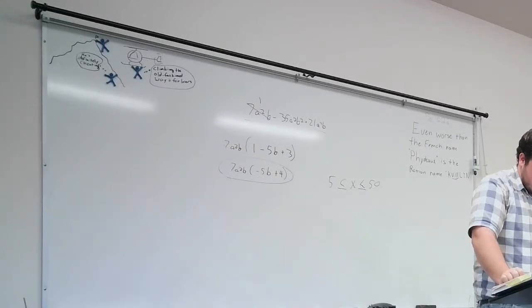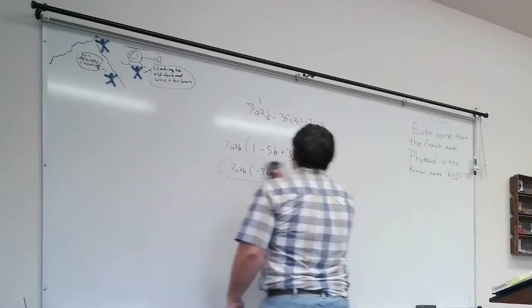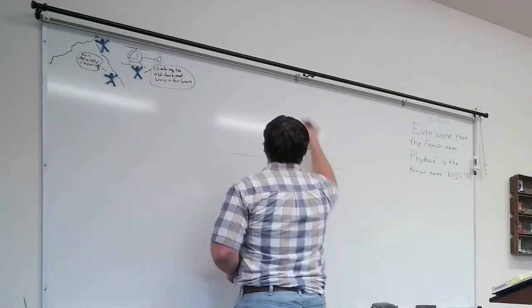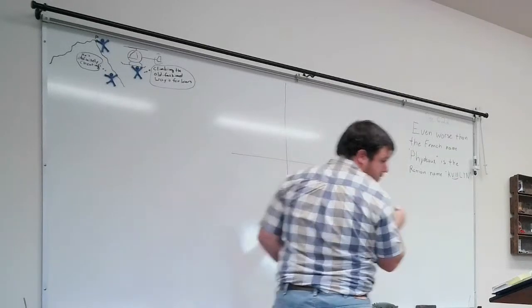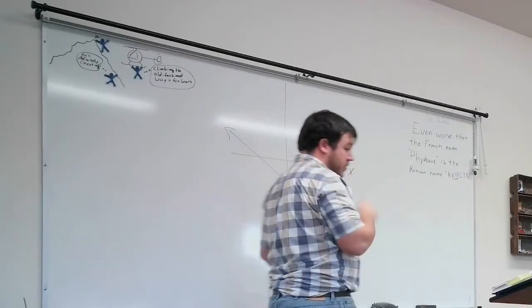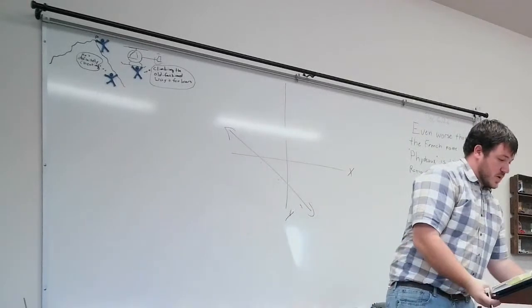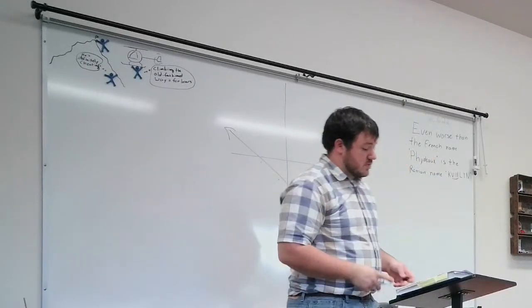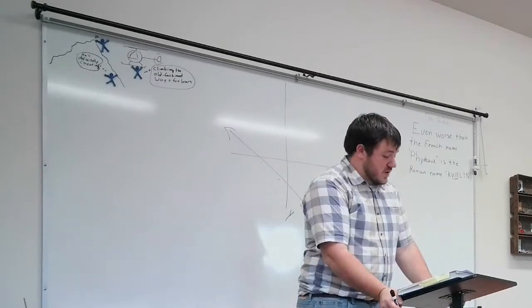Your graph should look something like this, with similar points like that. Number 18, your ordered pairs should be -9, 6, and 9, 5.